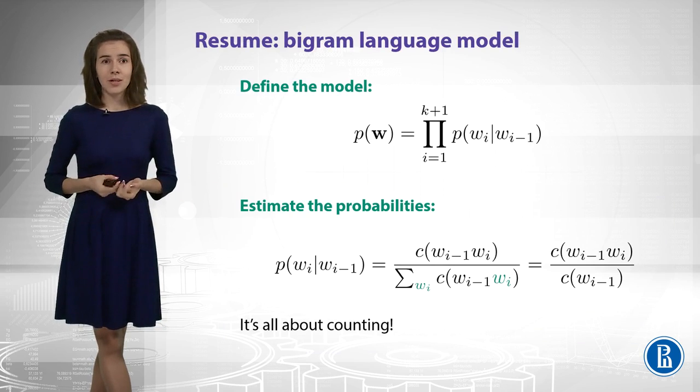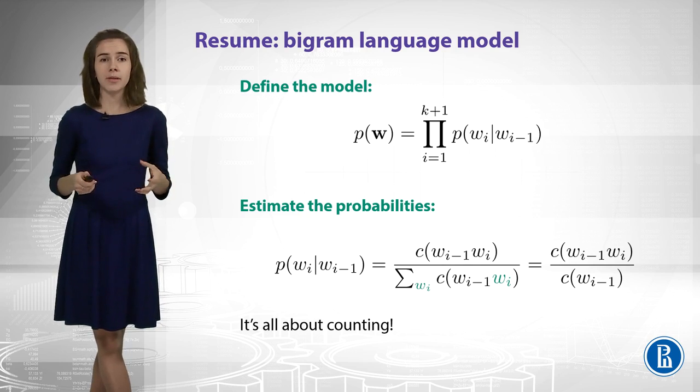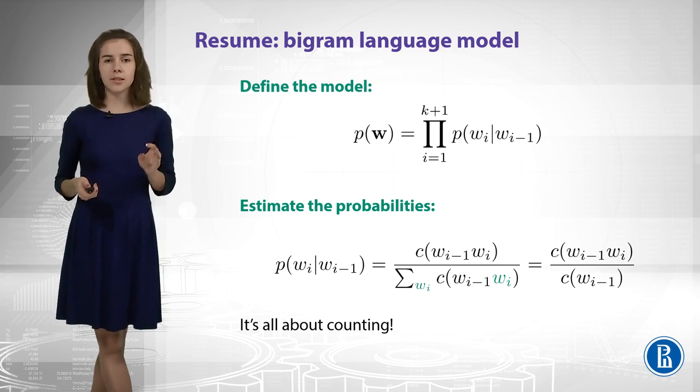Here we are. So just to summarize, we could introduce the bigram language model that factorizes the probability into terms, and we could learn how to evaluate these terms just from data. So you can see two formulas here in the bottom of the slide, and give it a moment to see that they are the same.